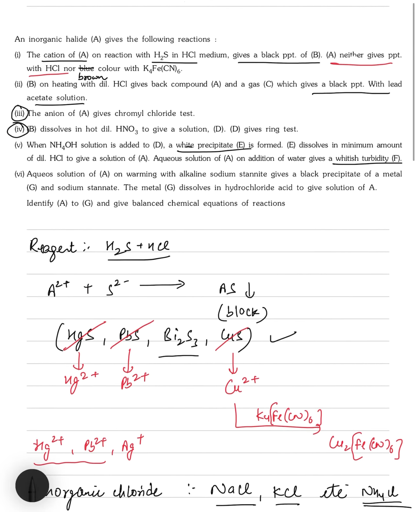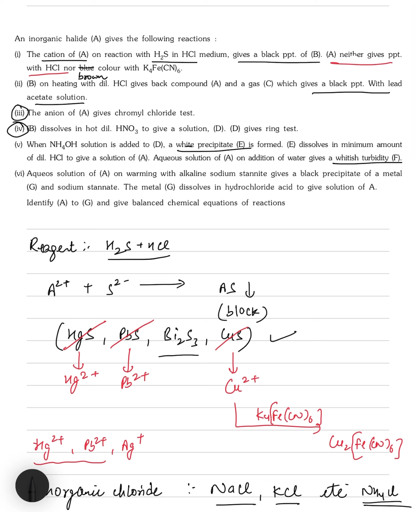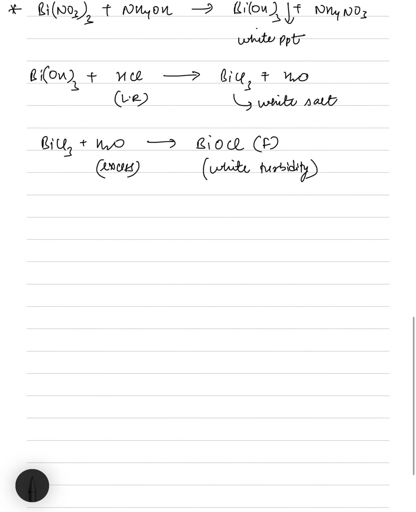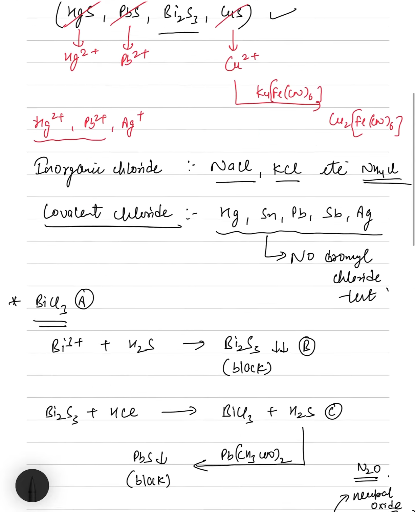Next it says the aqueous solution of A on warming with alkaline sodium stannite gives a black precipitate of metal G and sodium stannate. Now in this case, when we do the reaction of BiCl3 in alkaline medium with sodium stannite, Na2SnO2, tin has the oxidation state of +2.